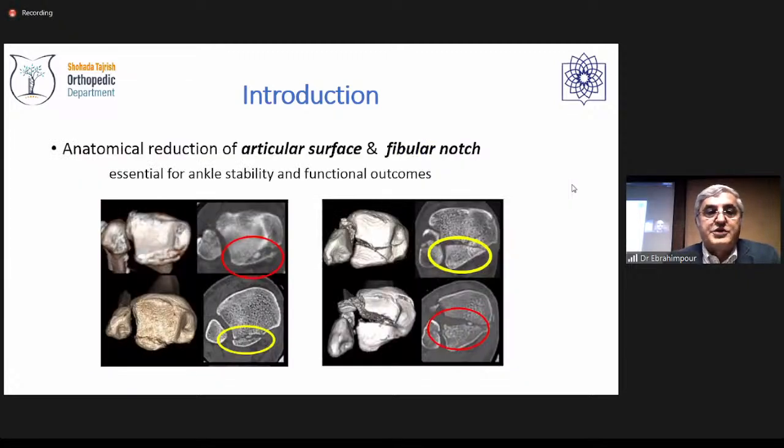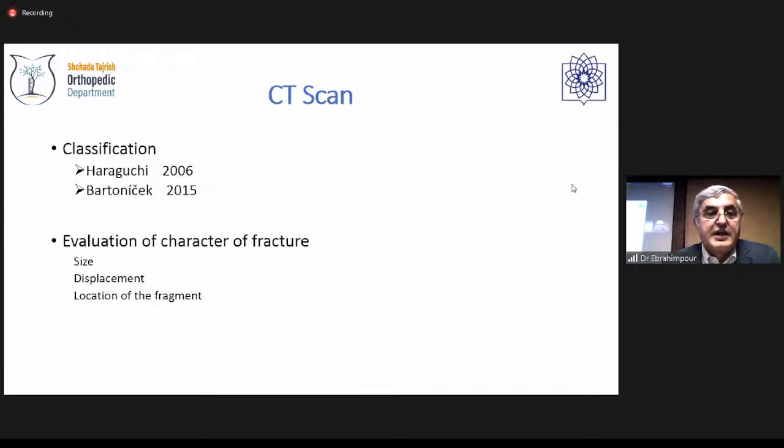As you know, anatomic reduction of the articular surface and fibular notch is essential for ankle stability and functional outcomes. CT scan, three-dimensional, is very important for classification and evaluation of the size, displacement and location of the fragment.